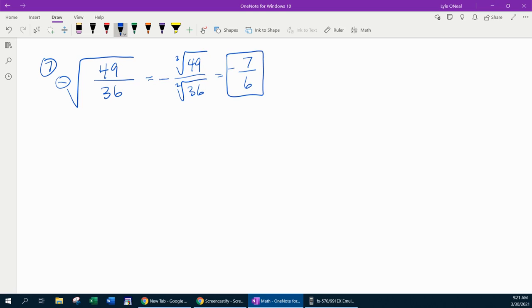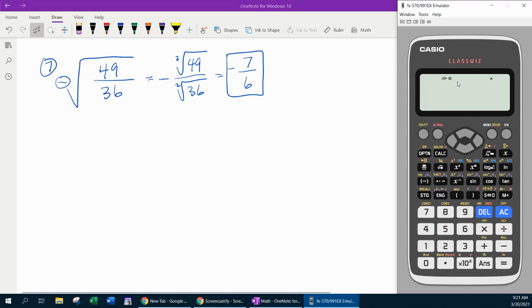And that is done. Now, if I stopped right there, I would be cheating you out of some learning. Let's look at how the Casio ClassWiz can handle this super easy. We start with our negative symbol, and then we want our square root.